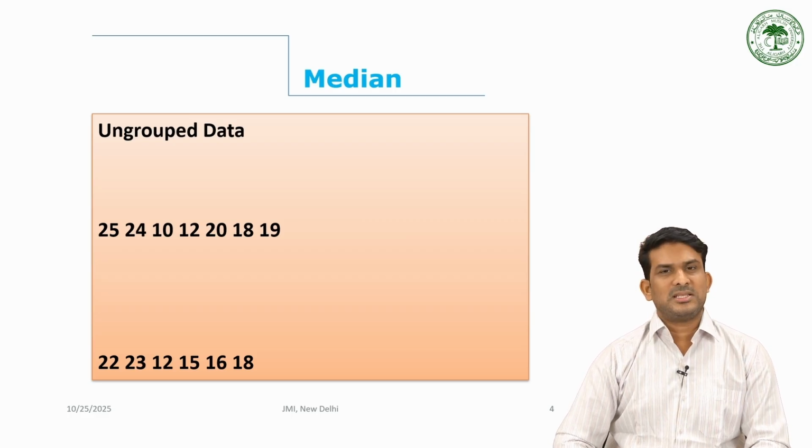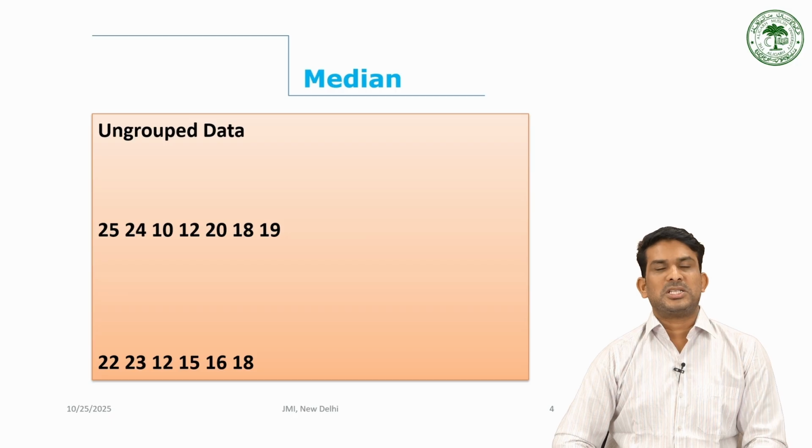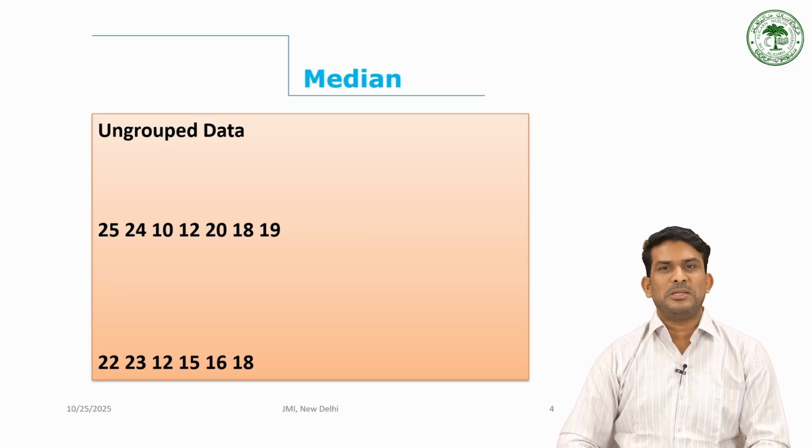For example, in an educational perspective, these are the class test scores of students in their mathematics class test. The teacher has conducted the test out of 25. A person got 25, there is a person with 24, another student with 10, 12, 20, 18 and 19. So the teacher, as a researcher, has to calculate the median value.